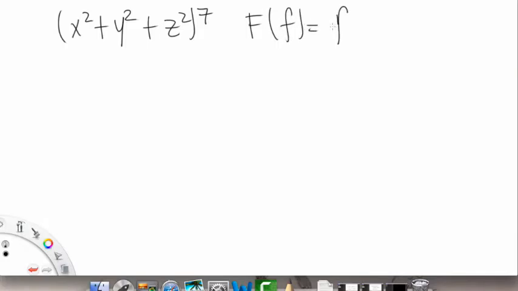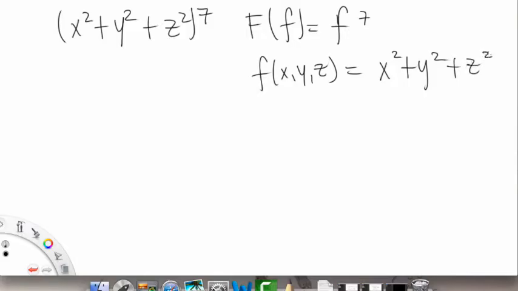So our original function was x squared plus y squared plus z squared to the 7th. We know that capital F of f is equal to f to the 7th, and our f of x, y, z is x squared plus y squared plus z squared. Okay, so let's start with where we left off.